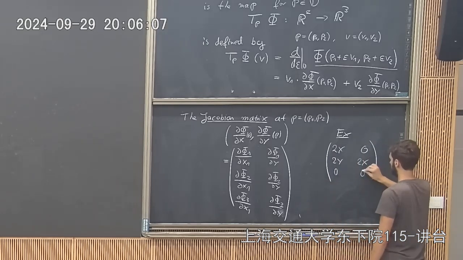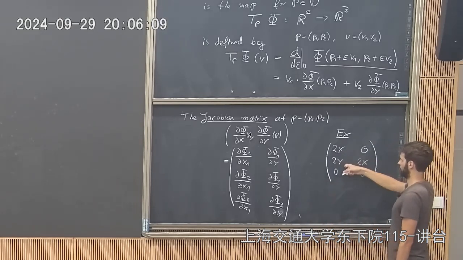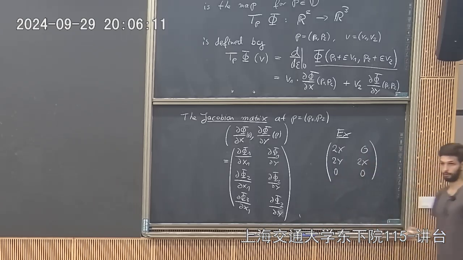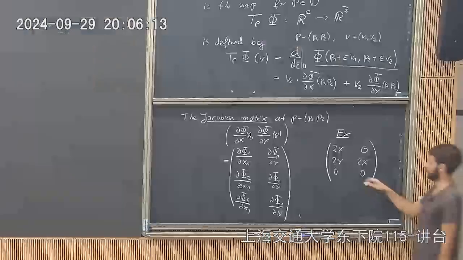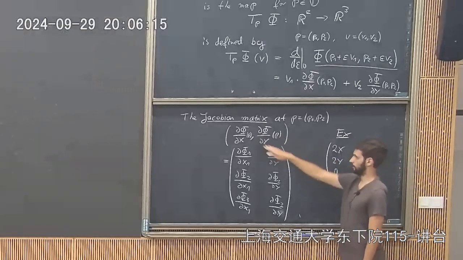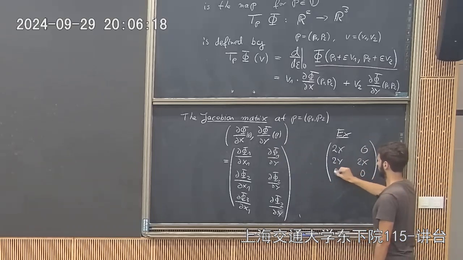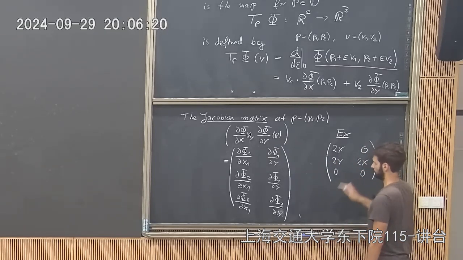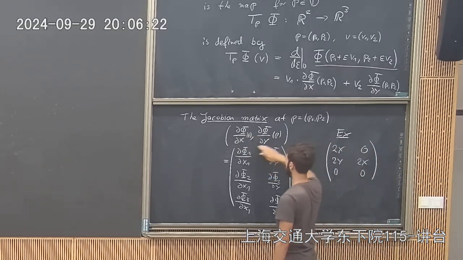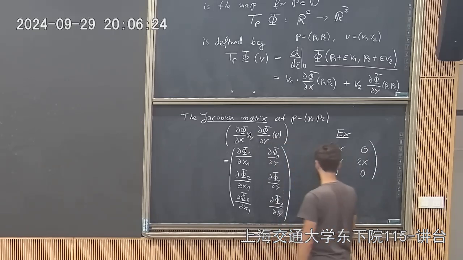So it's a matrix, but the matrix depends on the points. So you can also view that if you want as a map from the points to certain matrices, which tells you then how the map changes in x direction and how it changes in y direction.